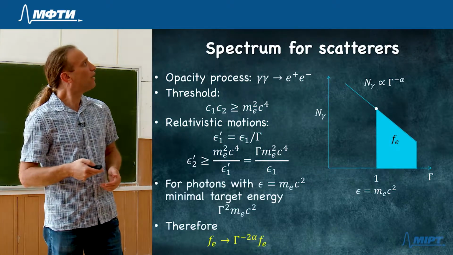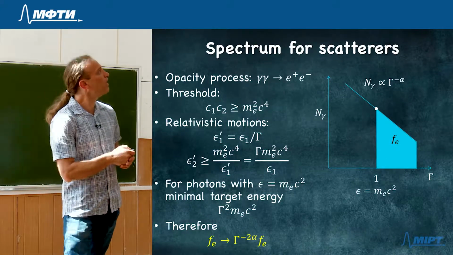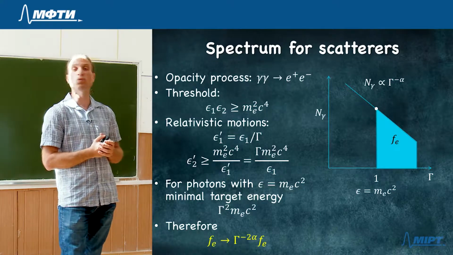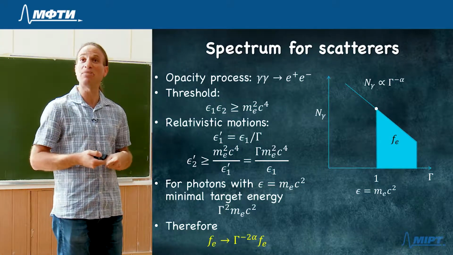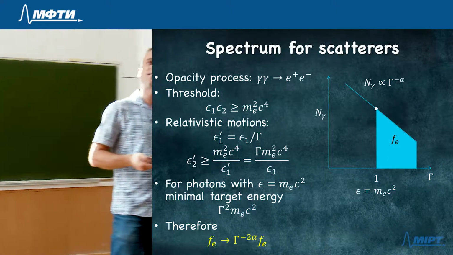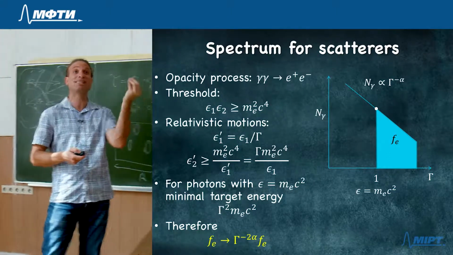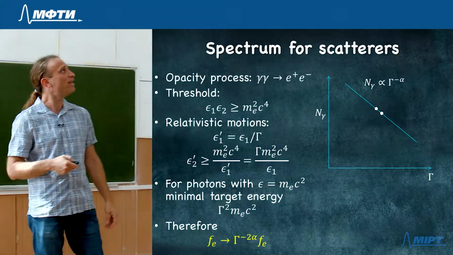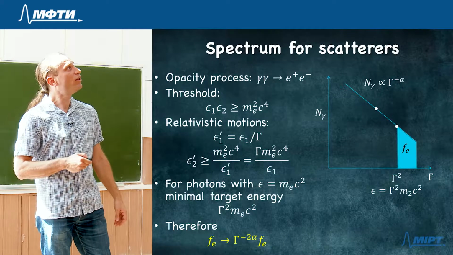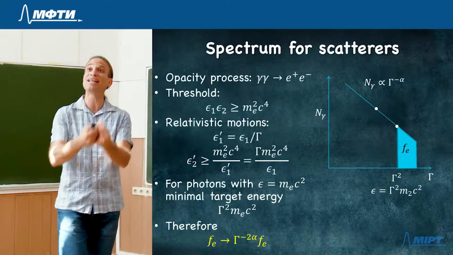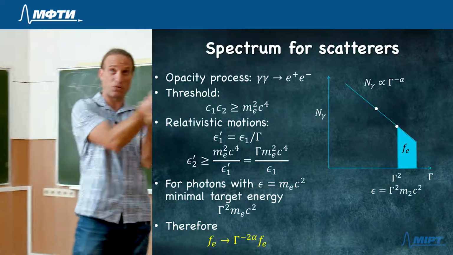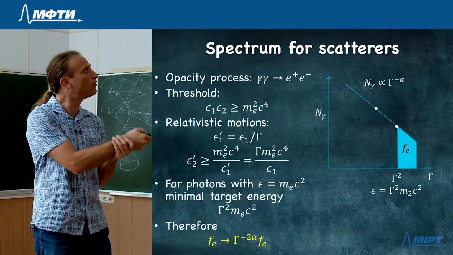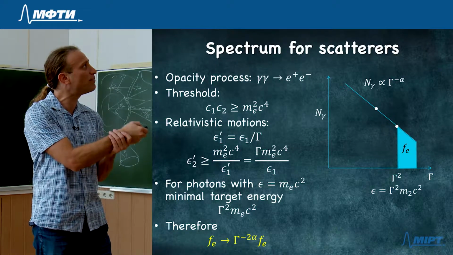If I have a photon with an observed energy of m_e c squared, which is basically half an MeV, the observed energy of the photons that can be scattered on top of it is gamma squared times m_e c squared. So the photons that will be scattered on top of these photons that are observed at MeV are now moved by a factor of gamma squared.